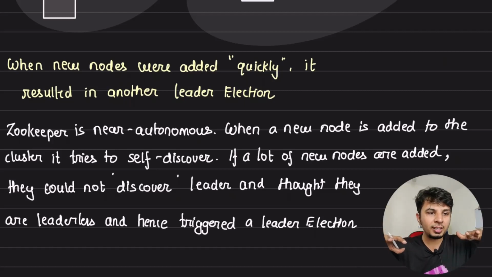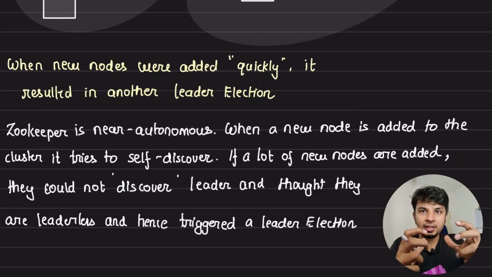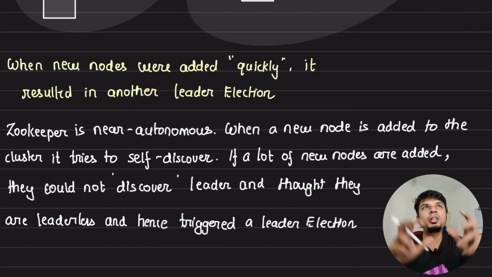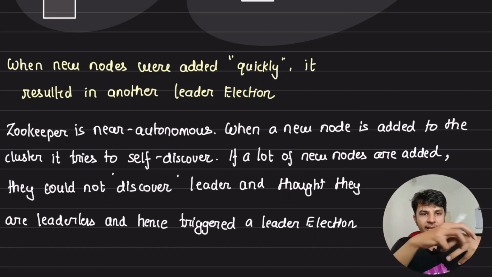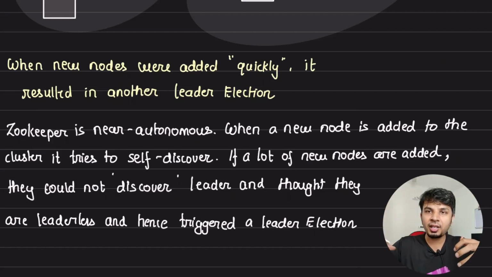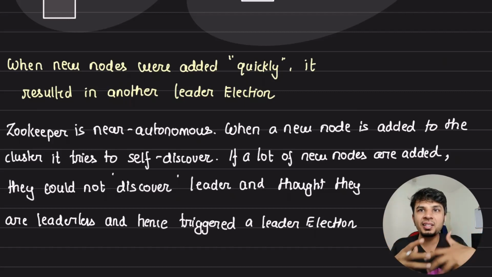It tries to do self-discovery on how it fits into the cluster. When a lot of new nodes were added, they could not discover a leader, for whatever reason, and the majority of nodes did not know where the leader is.